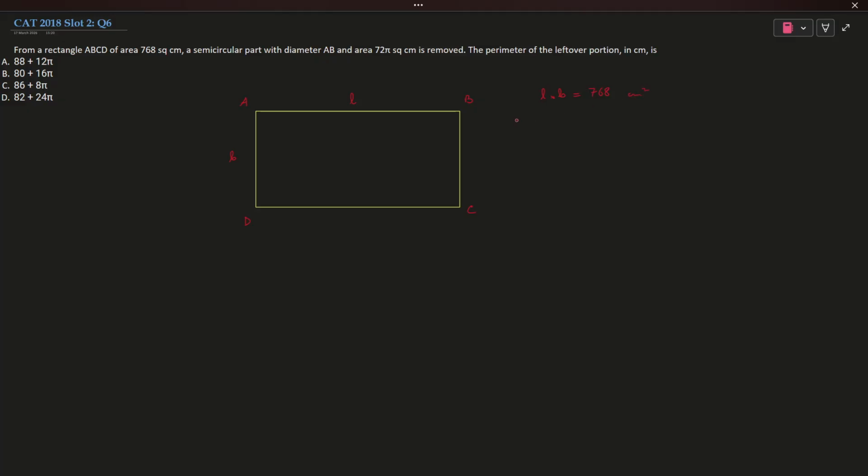A semicircular part with diameter AB is removed. This is the semicircular part with diameter AB. That means the radius is L by 2. So the semicircle can be like this, right, guys?